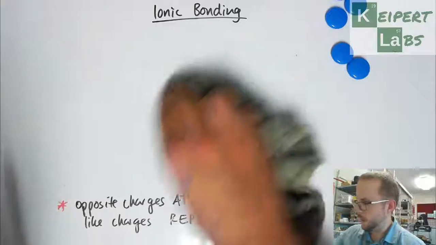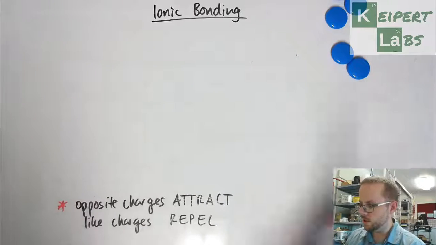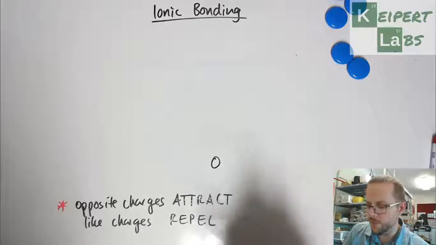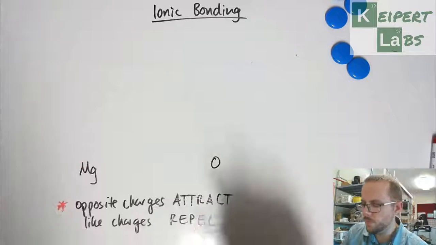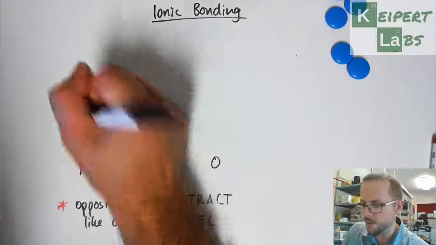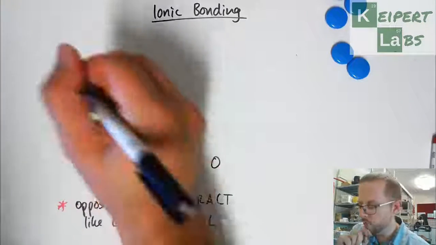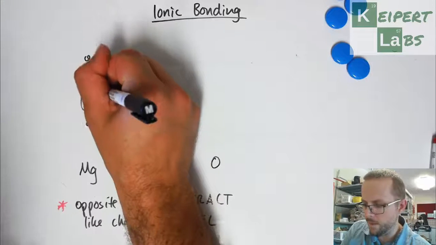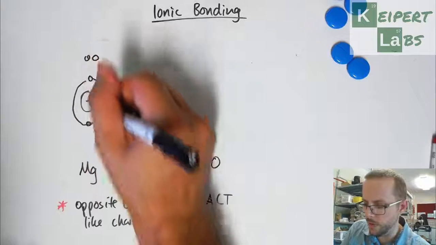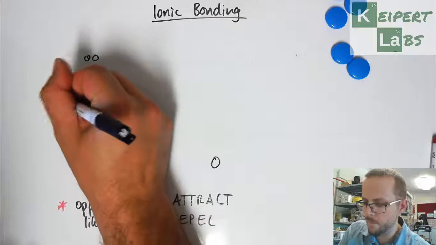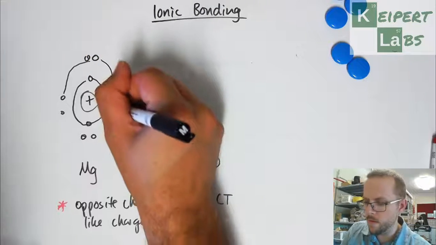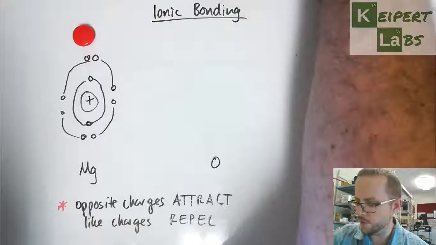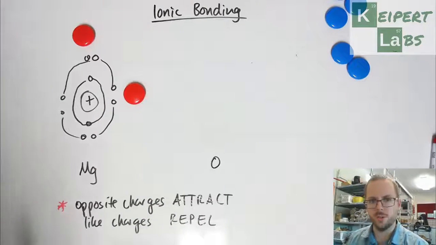All right. So let's look at oxygen. We're going to do oxygen over here, and let's do magnesium over here. So magnesium, with its positive nucleus, we've got 1, we've got 2, and then we've got 8. So we've got 2 in this shell, then 8 in the next one, and then magnesium has 2 outer shell electrons.